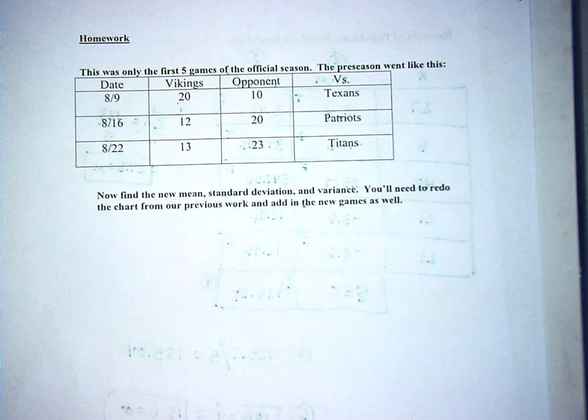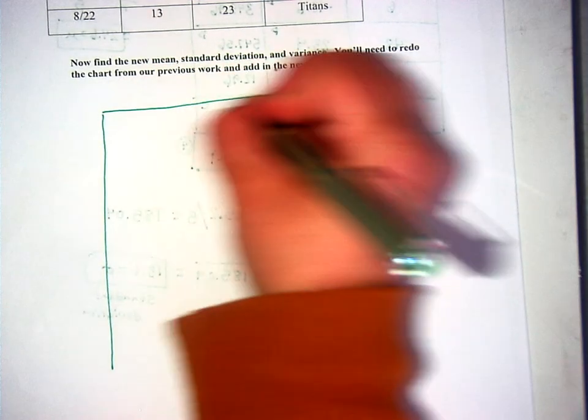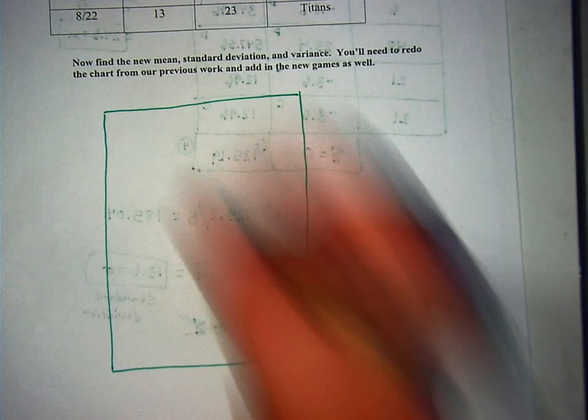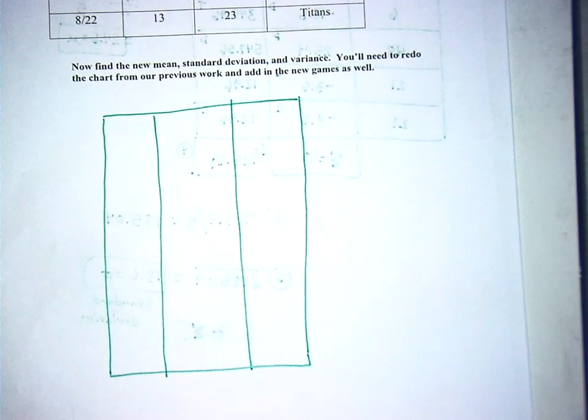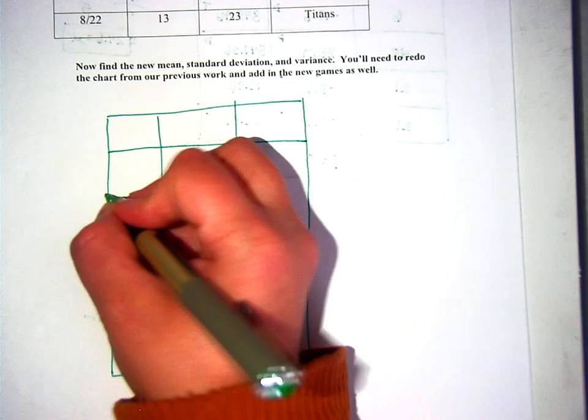It says, that was only the first 5 games of the official season. The preseason went like this. So now I want you to make a new mean, a new standard deviation, new variance. So everybody right now, in your homework, you're going to make a chart. It is still going to have 3 columns, but how many rows will it have? 8, because we're putting the preseason in with the regular season now.